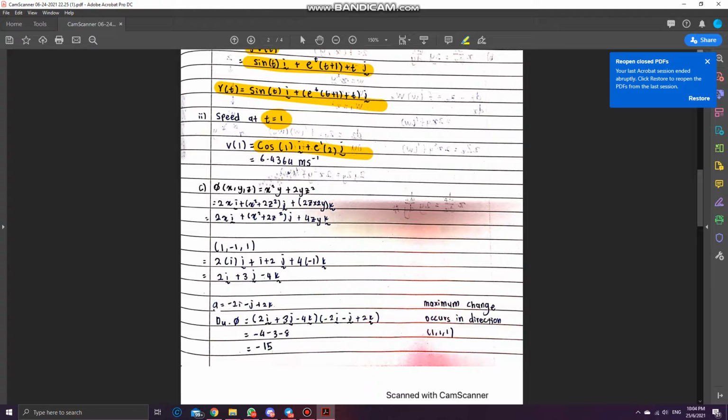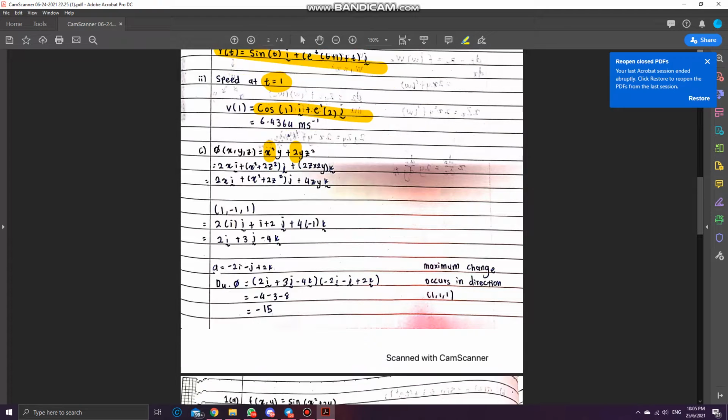Okay, after we replace t with 1, we will get the velocity. For this question, for C, the first step is we need to differentiate every function in here in terms of x, y, and z. So then we will get this i, j, and k.